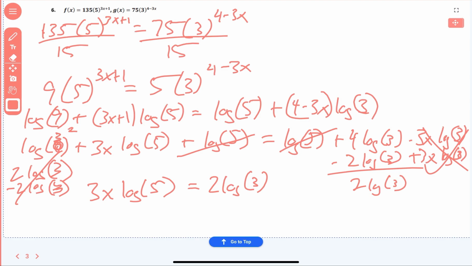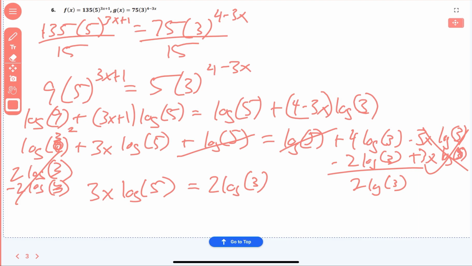I feel like I messed up right here for some reason. Well, I added 3x log 3 right here. So where was that from? Oh, that's not 3x log 3.